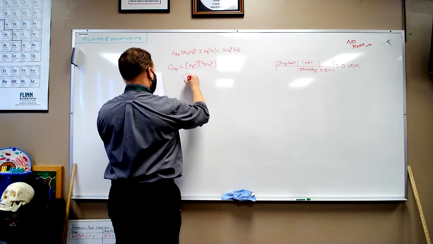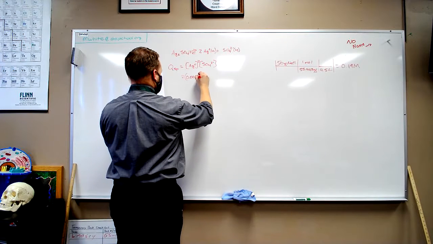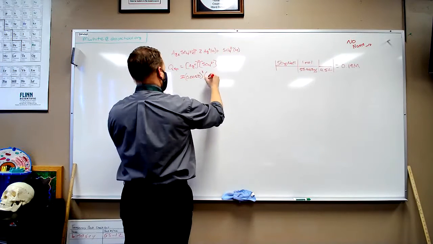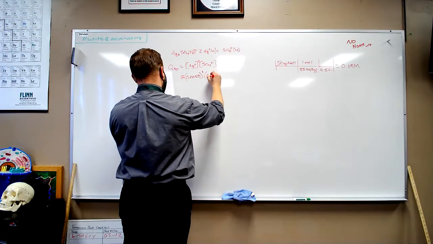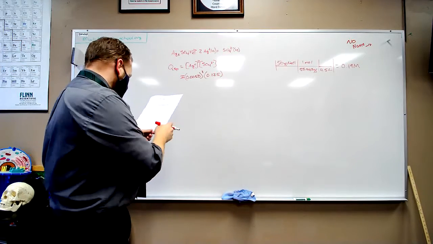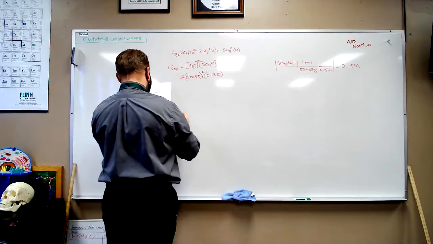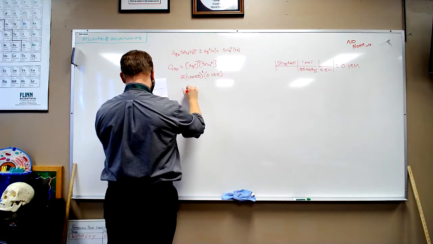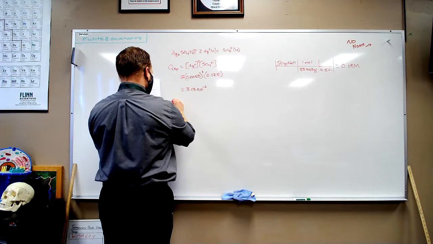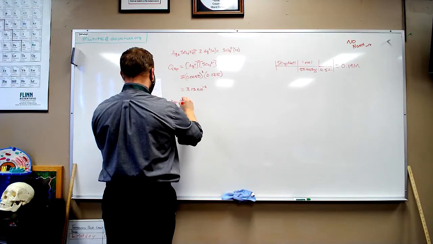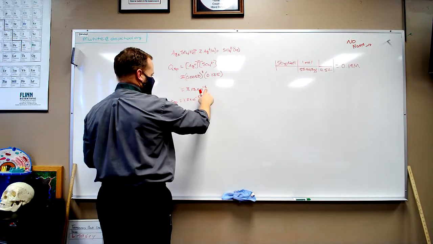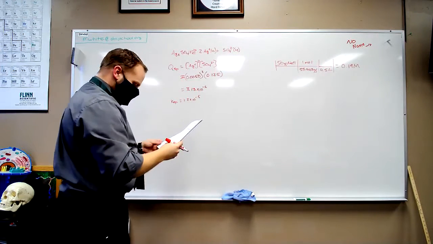So we have that squared times that. When we do that math, what we get is 3.13 times 10 to the minus 6. You know that Ksp, which was given to us, 1.2 times 10 to the minus 5th. Because it's minus 5th to minus 6th, Ksp is bigger. We will not get a precipitate.